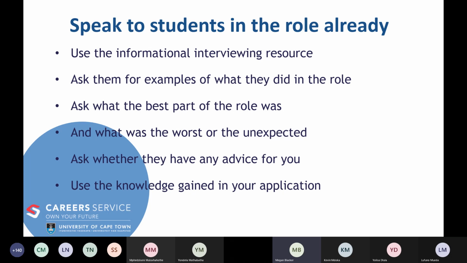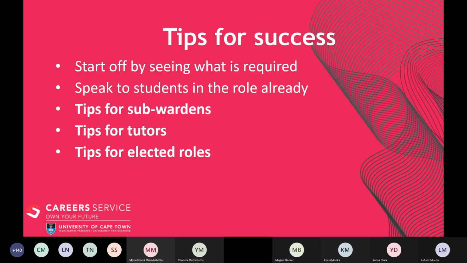All of the knowledge that you've gathered through these conversations, or informational interviews, will allow you to make a very good application for that potential role. So let's look at tips specifically for subwardens, tutors, and some of the elected roles.